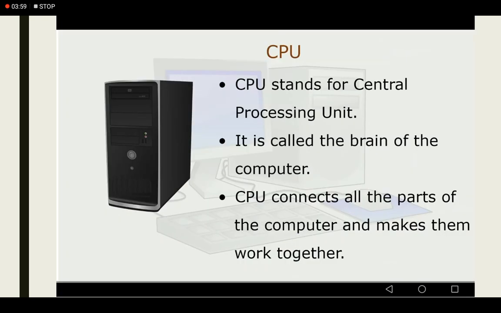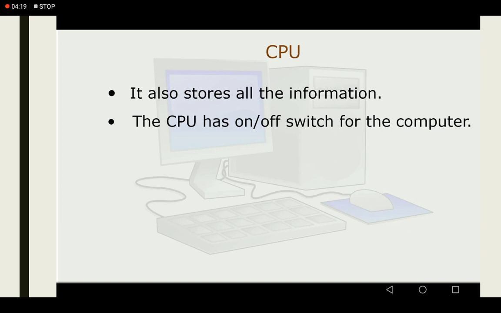Our CPU is known as the processing device. CPU stands for Central Processing Unit. It is also called the brain of the computer. The CPU connects all the parts of the computer and makes them work together. It also stores all the information. The CPU has the on-off switch for the computer.